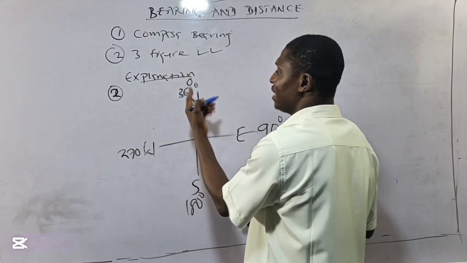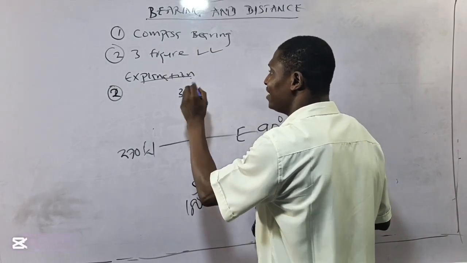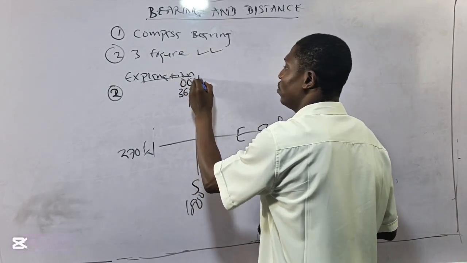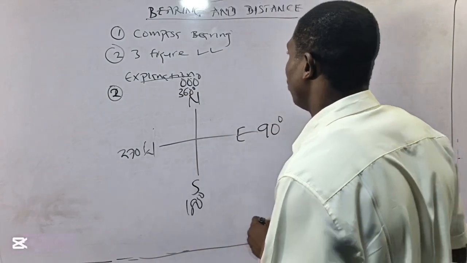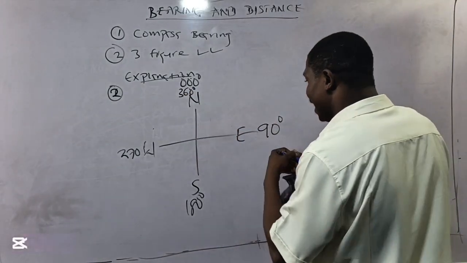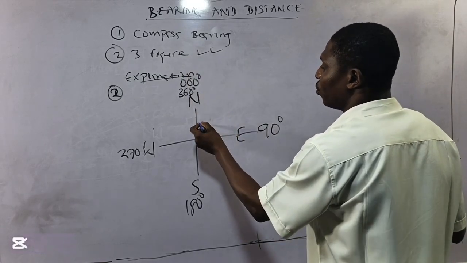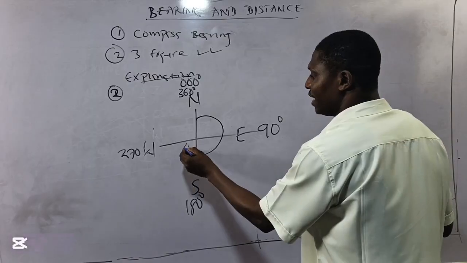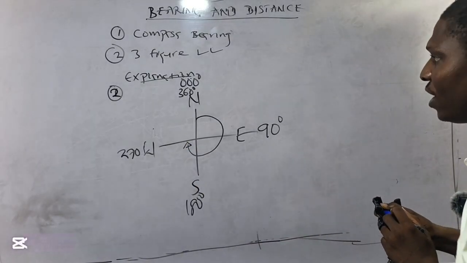And 270 plus 90 will give me 360, which is equivalent to 0 degrees as well. And this 0 degree is 000 degrees. Take note. So it starts at naught and ends at naught. And I went from 90 to 180 because a three-figure bearing must move in a clockwise direction. Take note.